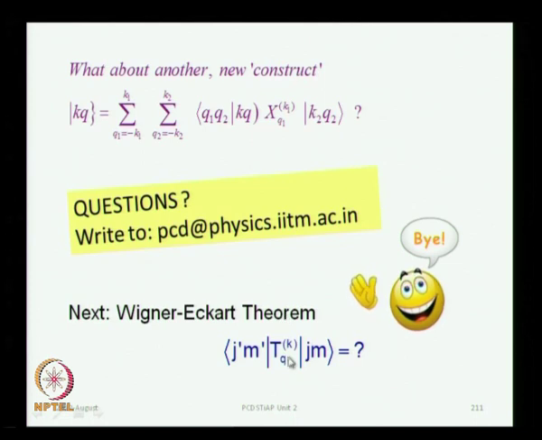What the Wigner-Eckart theorem does, and that is our topic for discussion tomorrow, is that it will factor this matrix element into two parts, a physical part and a geometrical part, okay. So that will be our topic for discussion in the next class.